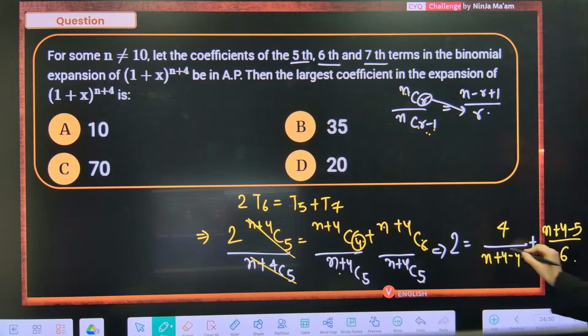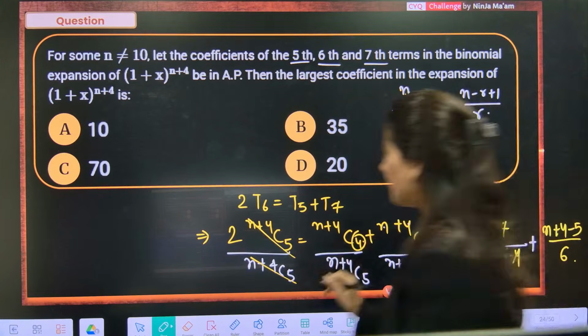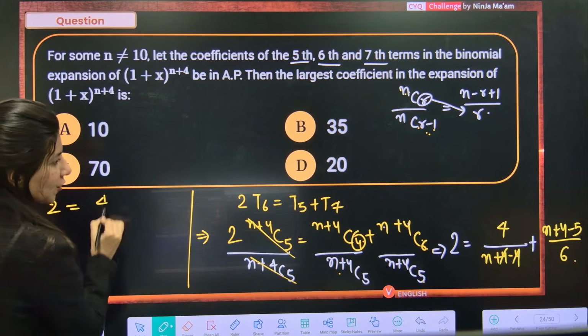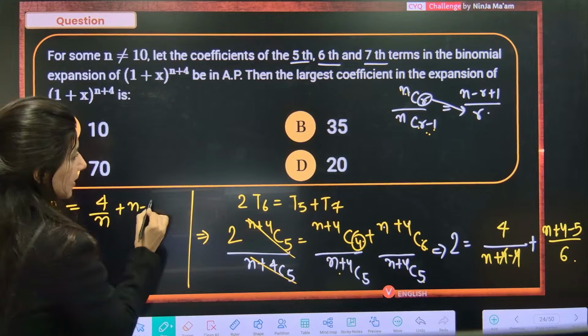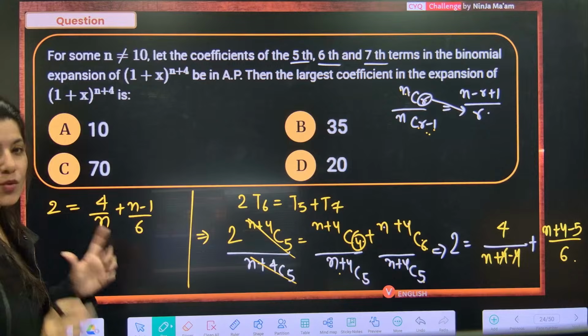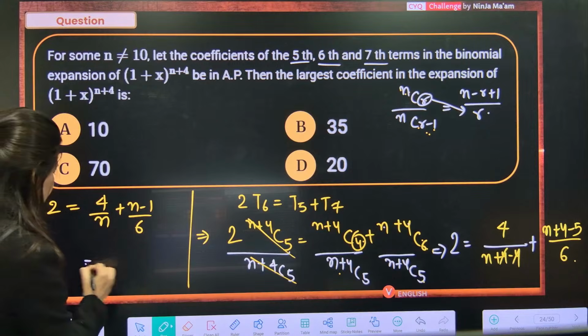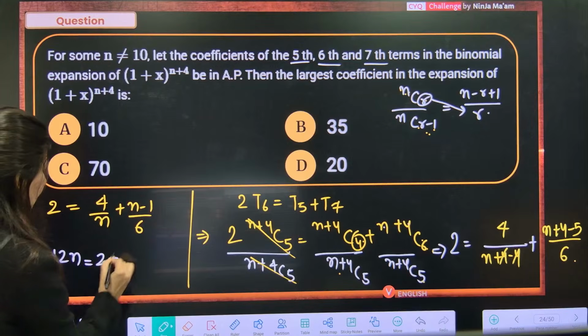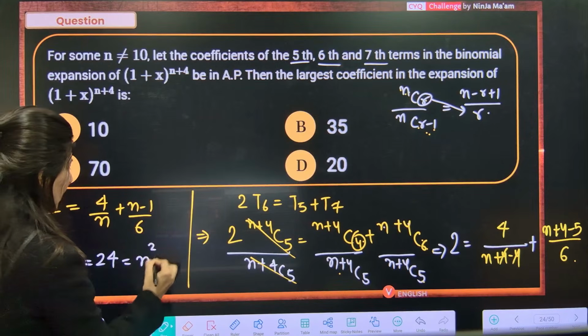So clearly the equation is 2 is equal to 4 by n plus n minus 1 by 6. Now if you solve this, you are going to get a quadratic equation. Let's solve it. So this is going to be 12n, 6 4s are 24, and this is n square minus n.